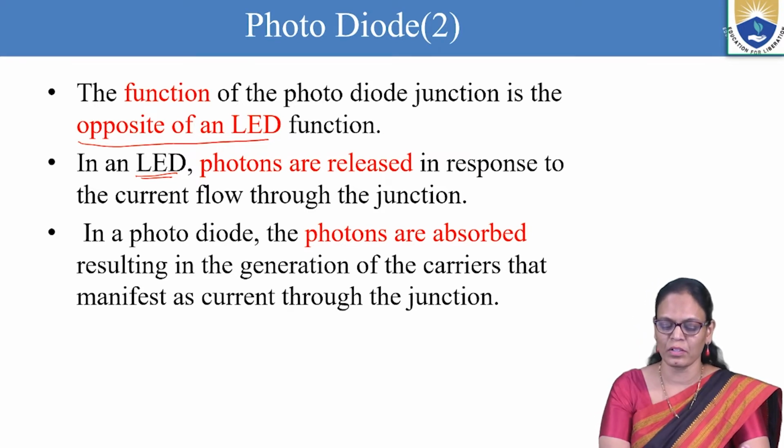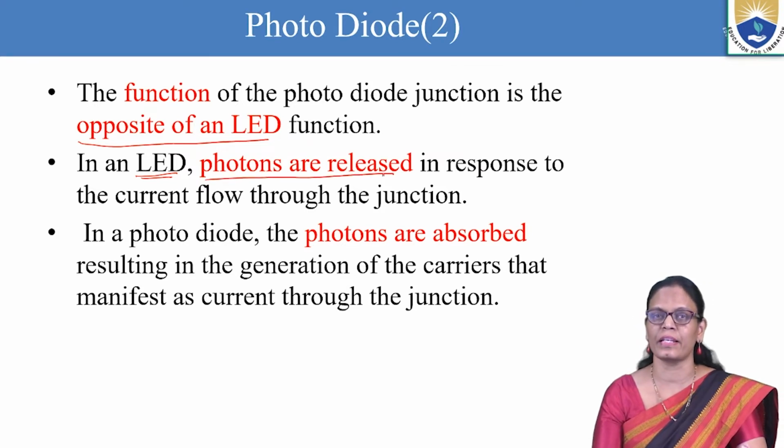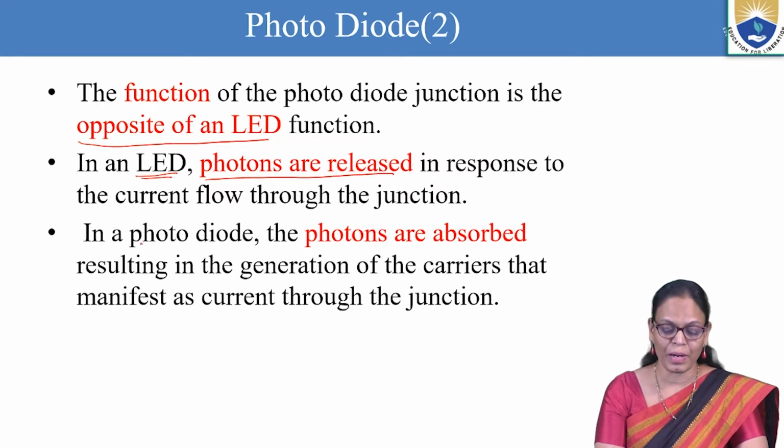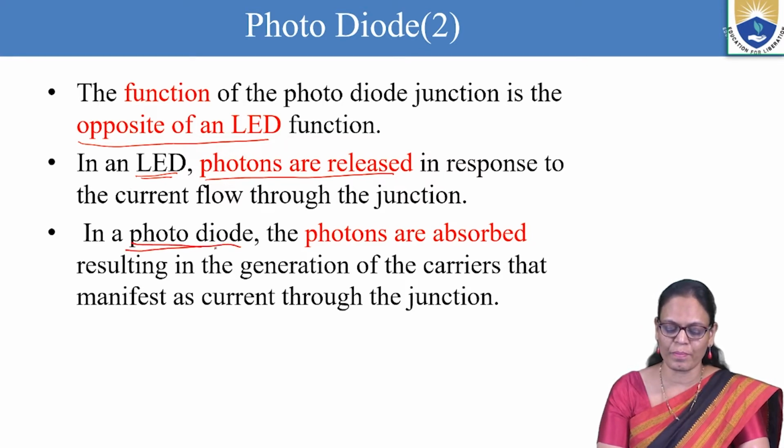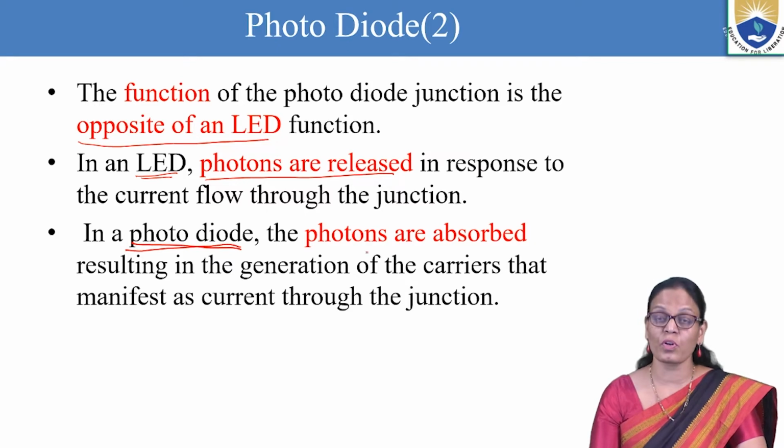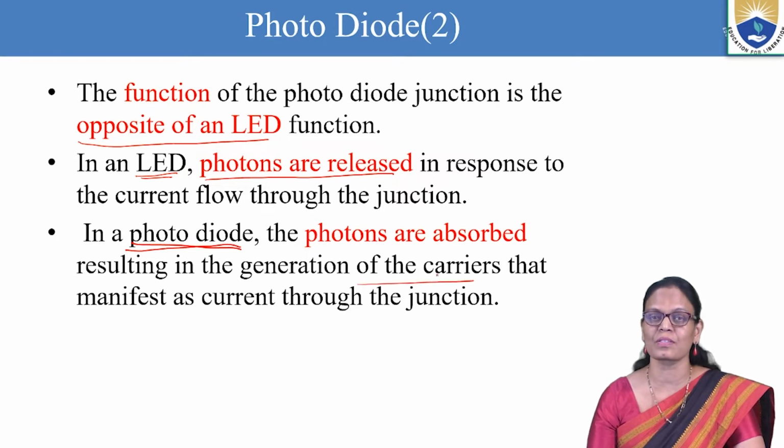That is why we call it a light emitting diode. Light is being emitted. But in a photodiode, what do we observe? Photons are absorbed and it results in the generation of charge carriers which will manifest as current.